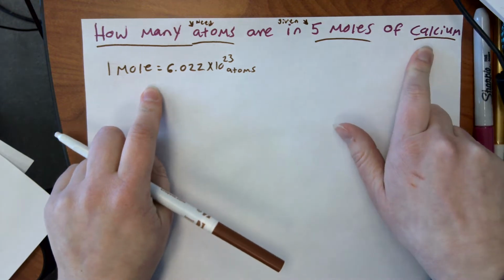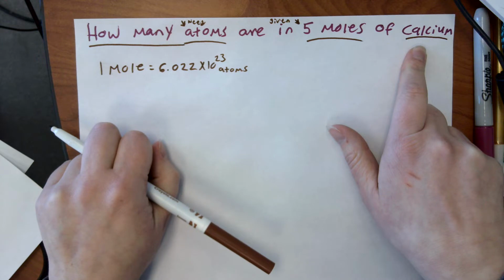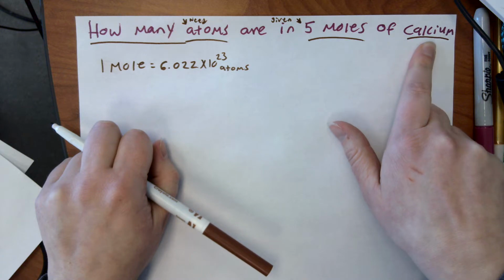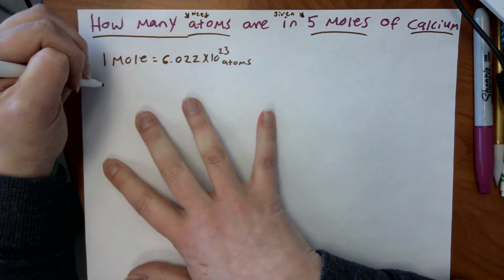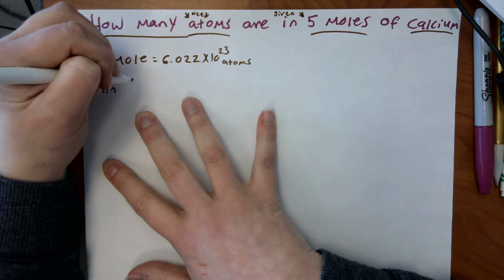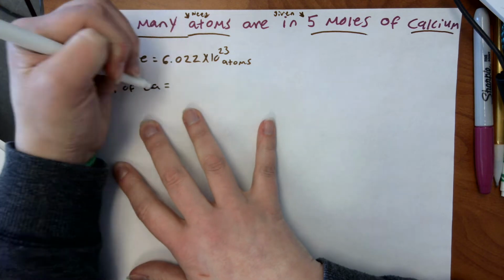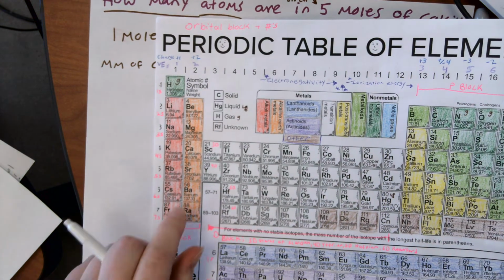And then something else you might want to find out is the molar mass of calcium, just in case. But then you also have to say, well, do I need to go that far? Because if you're looking for the molar mass of calcium, you could look that up on the periodic table. If we find calcium on here, it's over here.